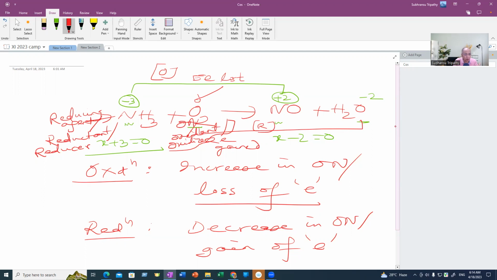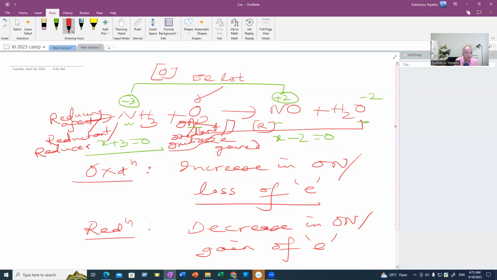But earlier in our time, there was no such concept. We were saying loss of oxygen, gain of hydrogen is reduction, gain of oxygen, loss of hydrogen is called oxidation. So that was the primitive definition that we were following. Now, ammonia has lost hydrogen, it has become NO, not only lost hydrogen but also gained oxygen.